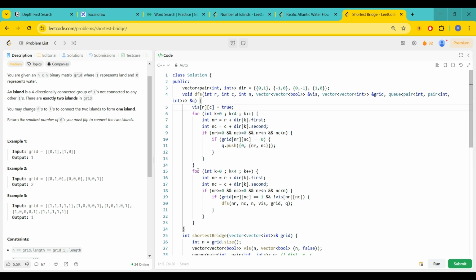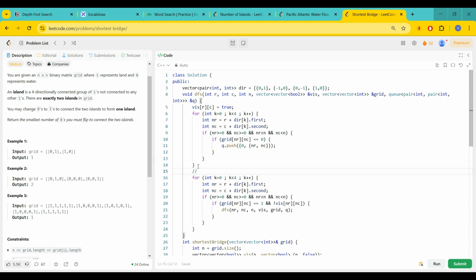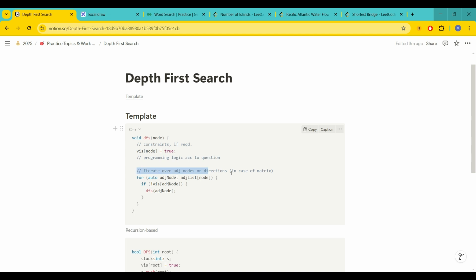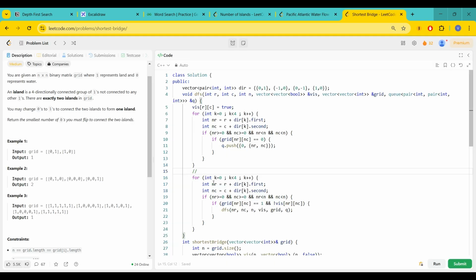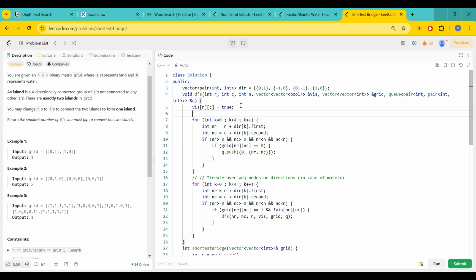This is the place where we are doing the third part, which is iterate over the adjacent nodes. But this over here is the programming logic, the demand of this question, where we are looking for the land surrounding this particular water cell.